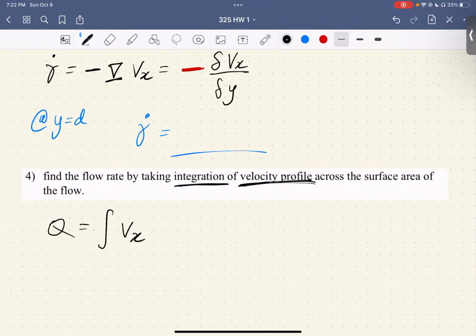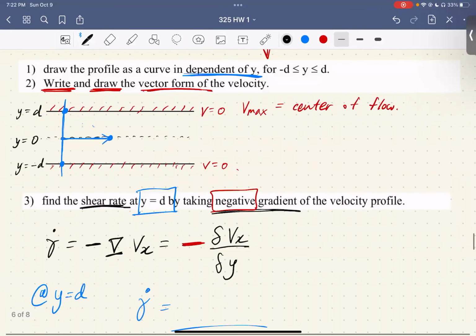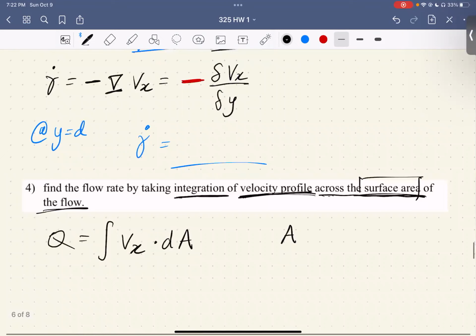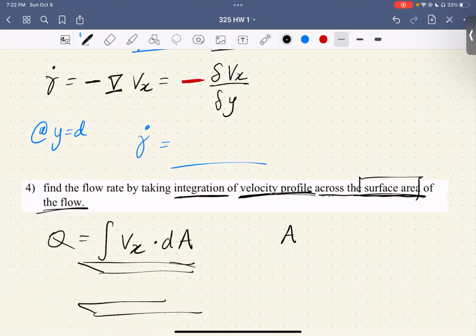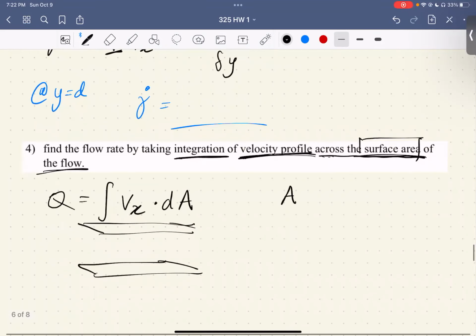Great. And then now across the surface area of the flow. We know the surface area of the flow, we have right here are 2 plates. But if we look at it in the 3D form, we have a y component, and we also have our width.